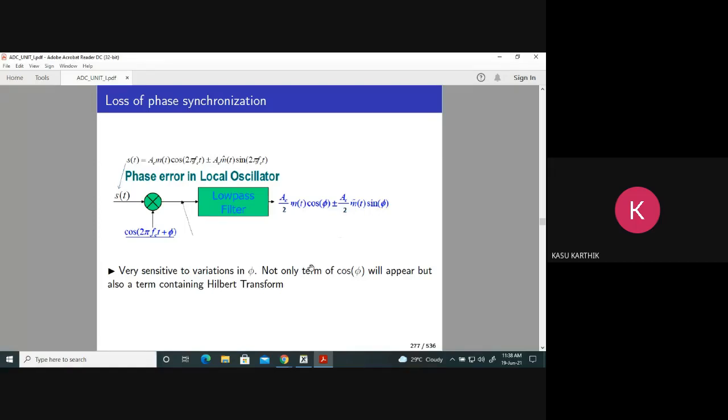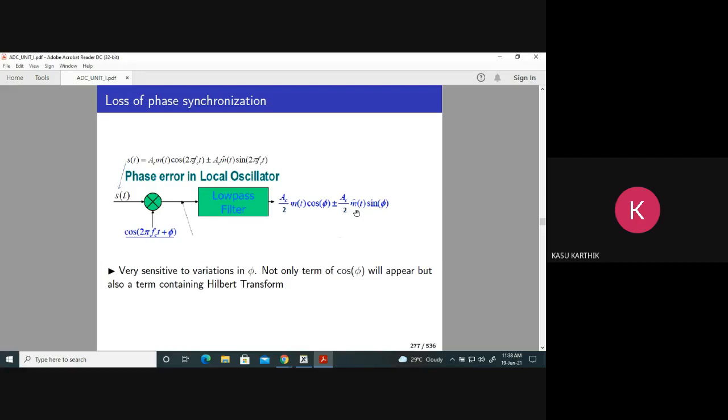This means SSB is very much sensitive to phase variations compared to DSBSC, because it is not only affecting amplitude, it is affecting everything. Obviously, we always try to maintain phase and frequency synchronization while demodulating.